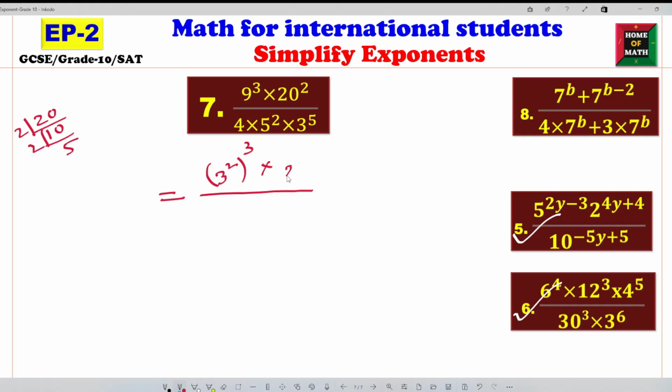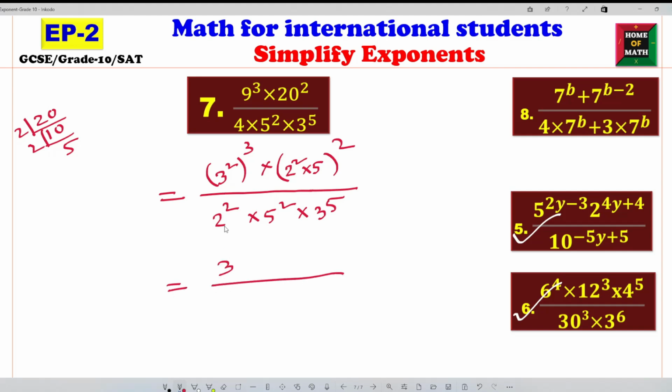So we can write 2 square times 5 to the power 2. 2 times 2 means 4, 4 times 5 means 20, and to the power 2. These 4 we can write 2 square, here is 5 square, then 3 to the power 5, right? Then 3 to the power 6 times 2 to the power 4 times 5 square, over 2 square times 5 square times 3 to the power 5.